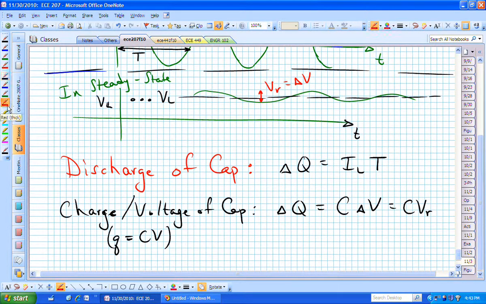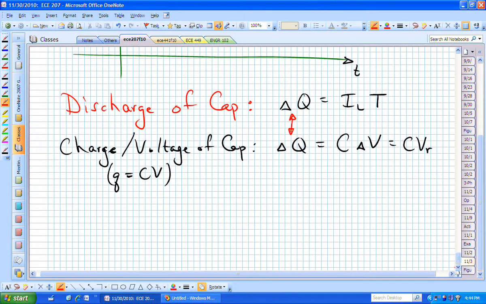If these are going to be the same amount when we're discharging and charging, then those two right-hand sides need to be equal, so we set them equal to each other.